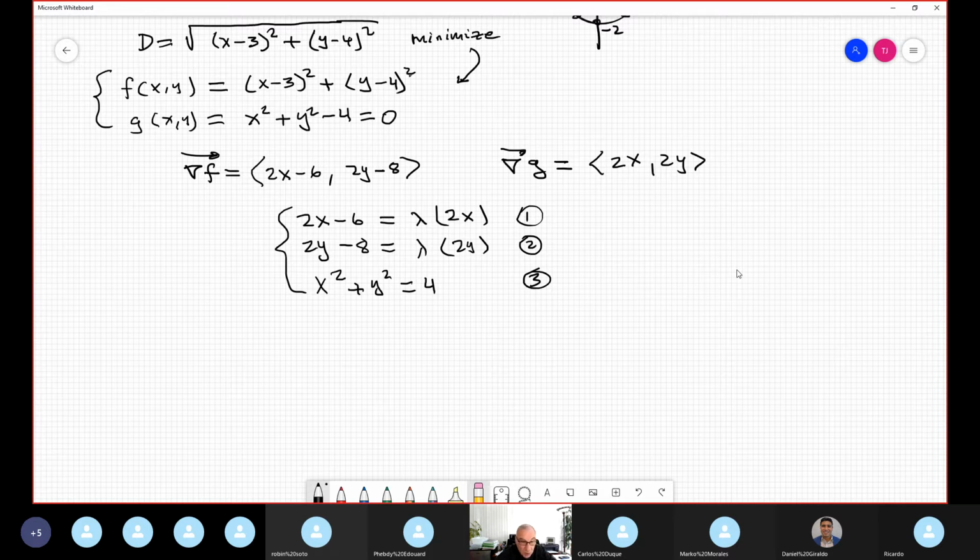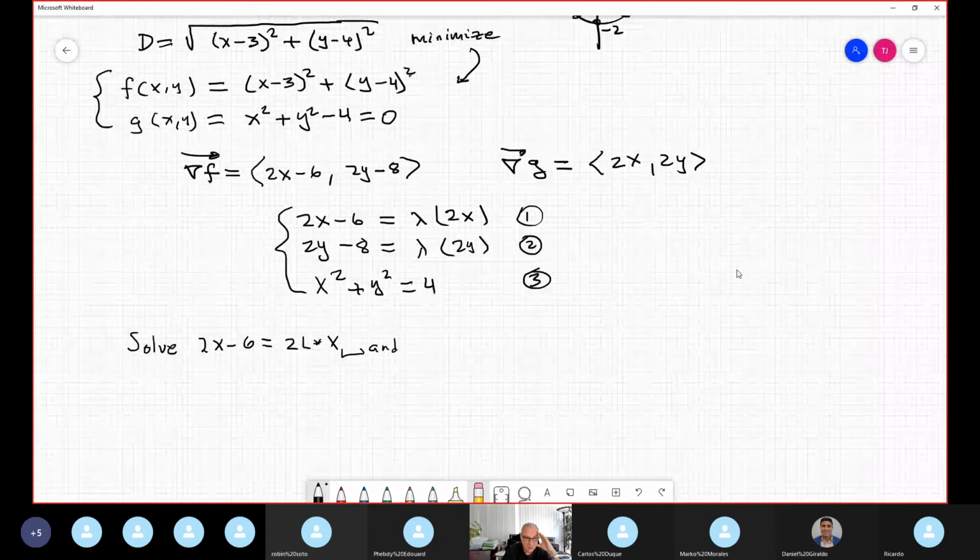Okay, so how do you type in Wolfram Alpha? Something like that. You put solve, in parentheses, no space. You put 2x minus 6 equals 2L times x. Important this time. Space and space.